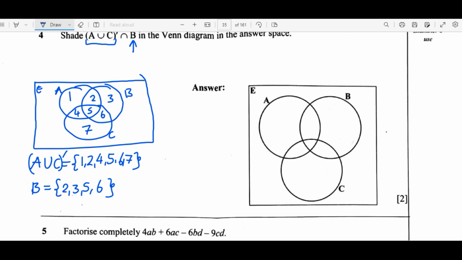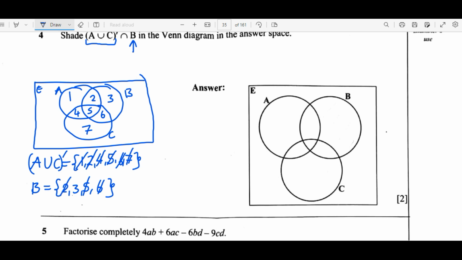So let's look at what we don't want. 1 is not needed, 2 is not needed, 4 is not needed. 5 is not needed, so it's also there in B, so we cancel this one also. What else is not needed? 6 is not needed, so we cancel the 6. Even these two we cancel.